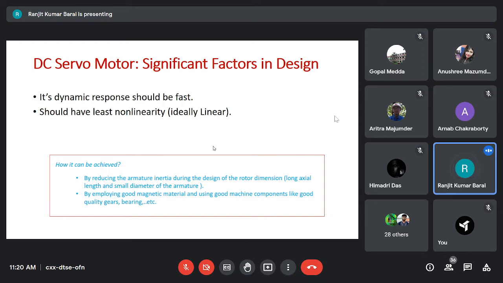Now, this electrical time constant is very small compared to the mechanical time constant. So you have neglected the electrical time constant and kept the mechanical time constant. Approximately, a servo motor can be said to be a first order system after neglecting the electrical time constant. Now, what factors affect the mechanical time constant?